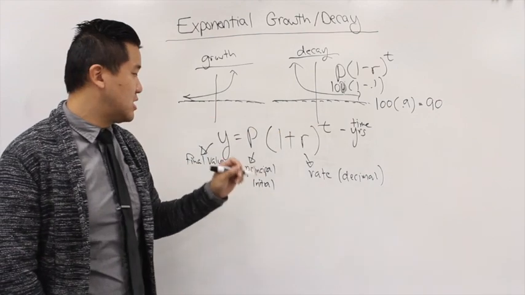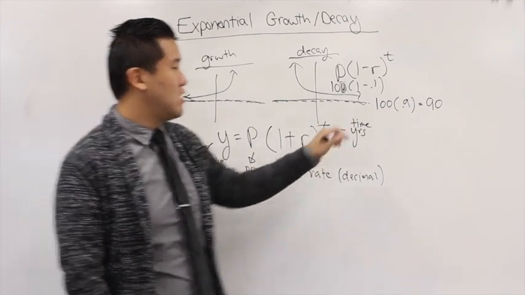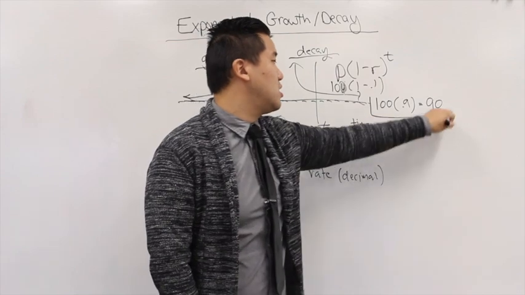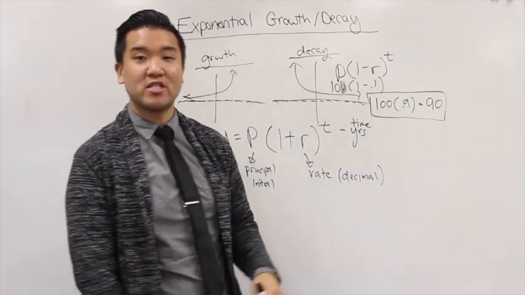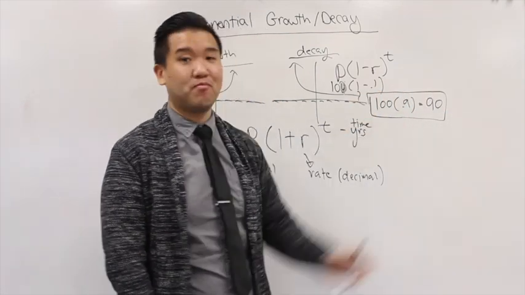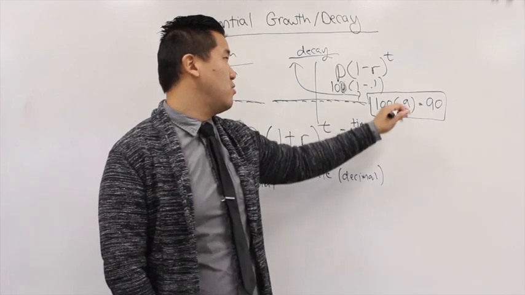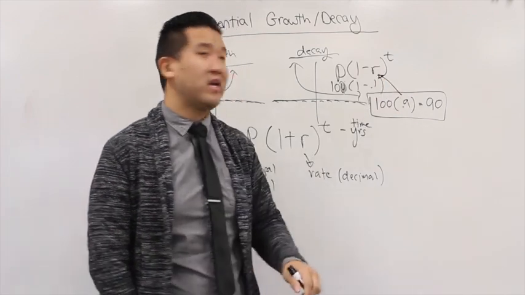So be careful, because kids get confused. If I give you this equation and ask what the rate is, a lot of kids say it's 90%. That is not true. We have to use this formula to find r.